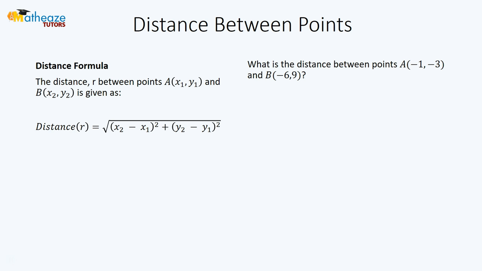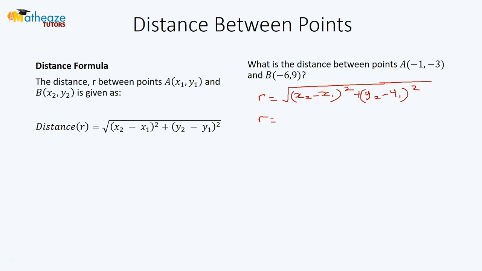Now finally, let's write the formula first. R is equal to the square root of (x2 minus x1) squared plus (y2 minus y1) squared. So we're going to plug in values.